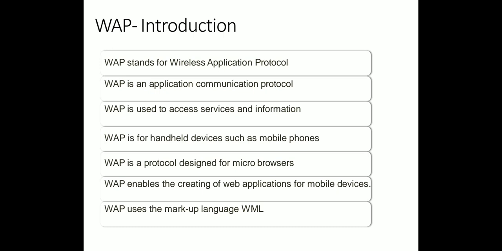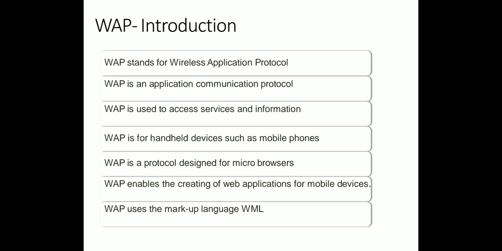It is basically used for handheld devices such as mobile phones, PDAs, etc. WAP is a protocol designed for microbrowsers. WAP is a protocol and a standardized way for delivering internet data over wireless networks.